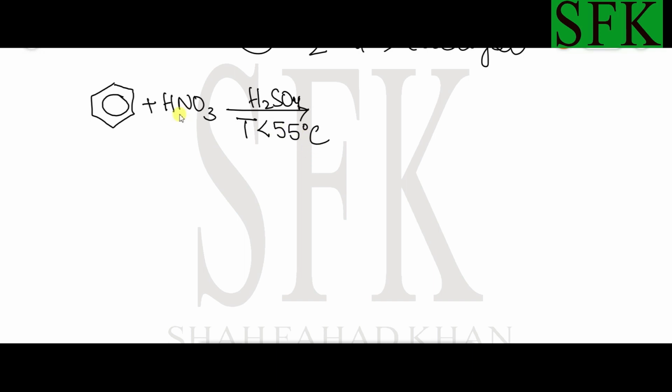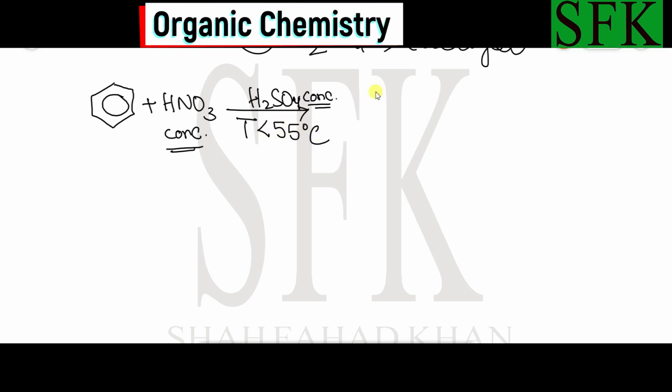One more thing, the nitric acid used over here is concentrated, and the sulfuric acid used over here is also concentrated. Concentrated nitric acid, concentrated sulfuric acid, and a temperature of less than or equal to 55 degrees Celsius.